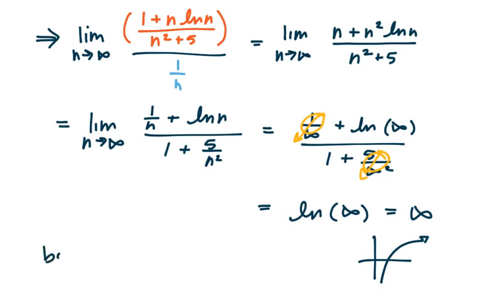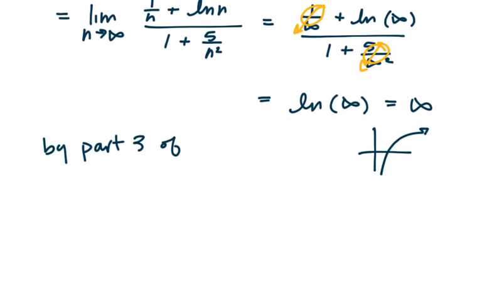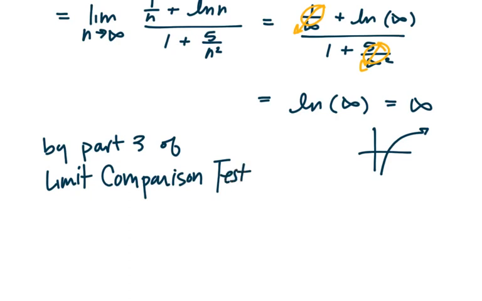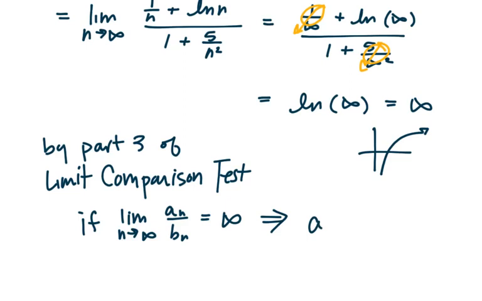So what we can now say is, by part 3 of our limit comparison test, that if the limit as n goes to infinity of the nth term of a over the nth term of b equals infinity, then the sum of a sub n, I should say, that series diverges.